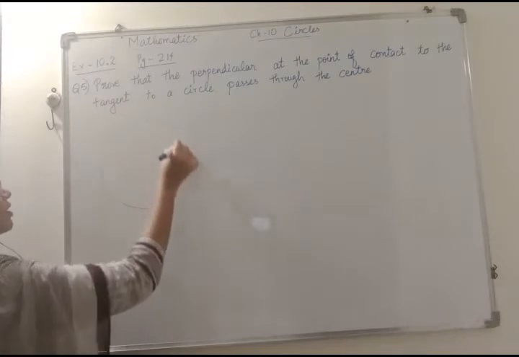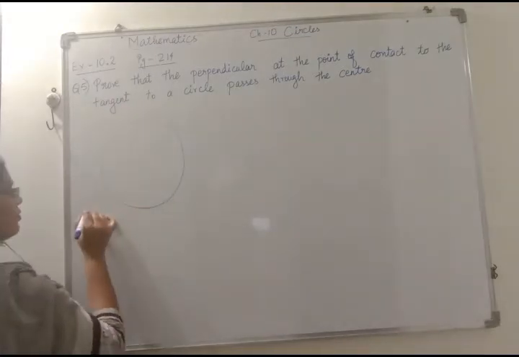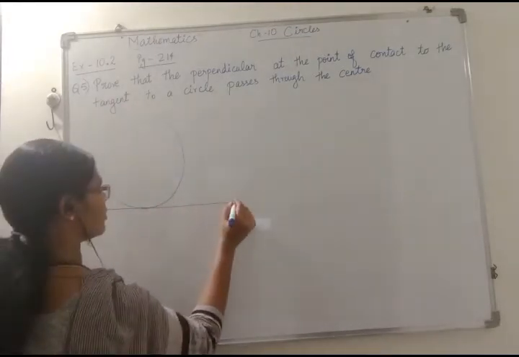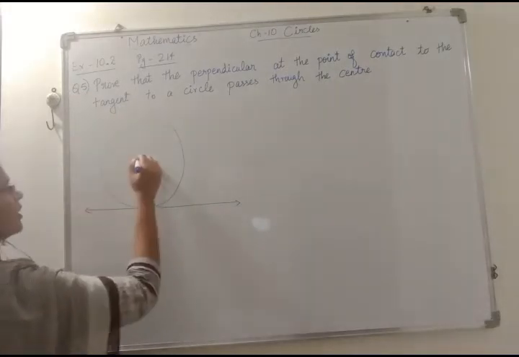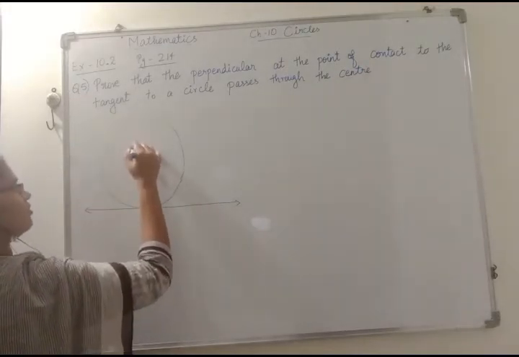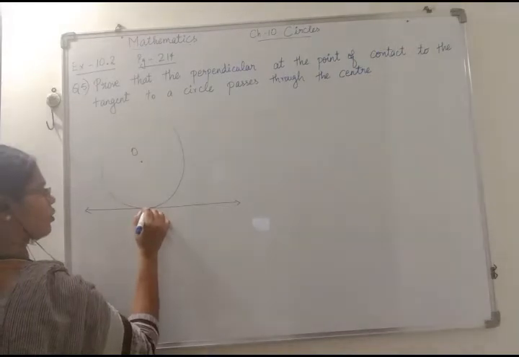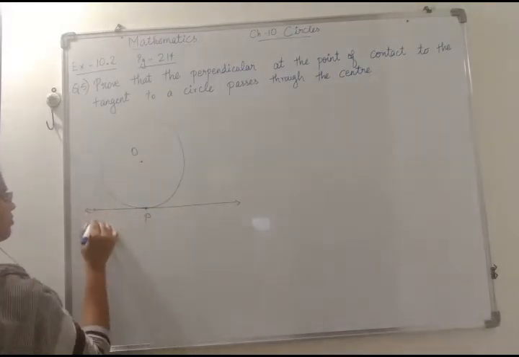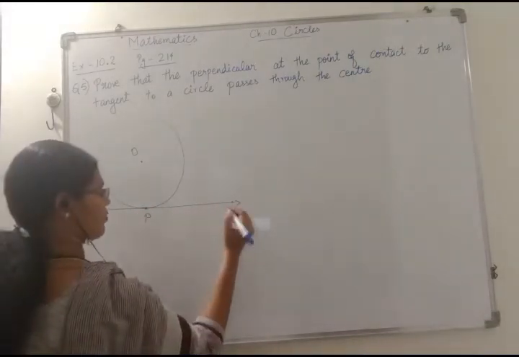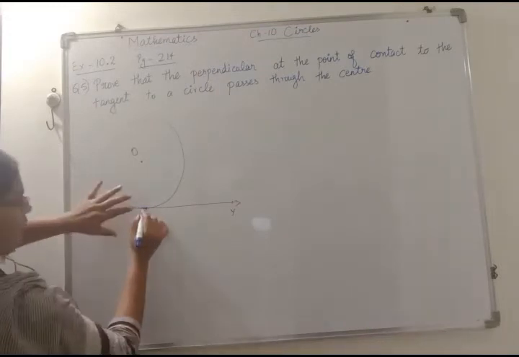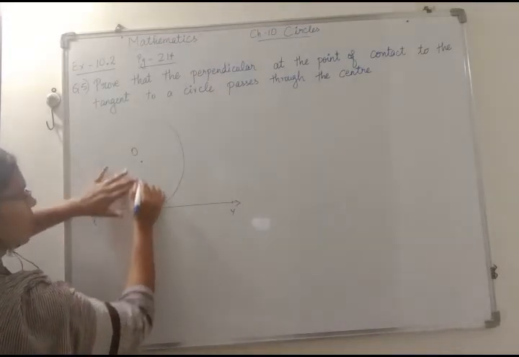So, we have a circle. We have a tangent also for it. That's the center. Point of contact P, and the tangent may be XY. So, from here we have a perpendicular line.